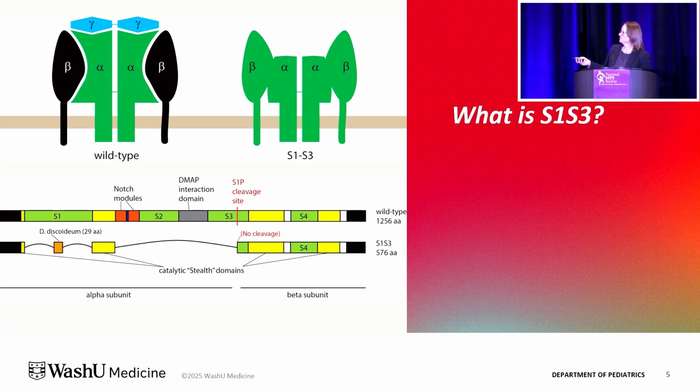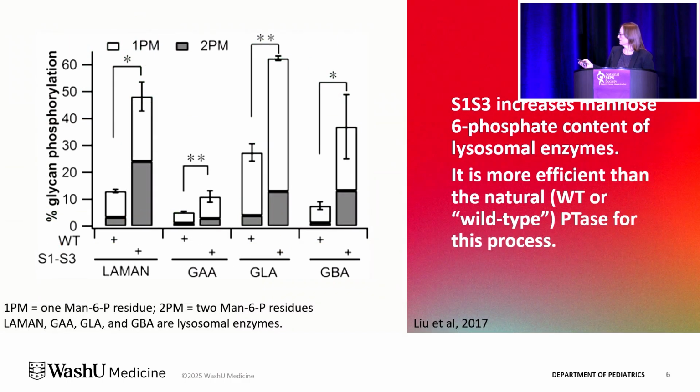With the S1S3, you have pieces of it, but not all of the pieces. It makes a smaller protein, makes a smaller gene. That smaller gene is actually easier to use in things like gene therapy because you do care about how much gene you have to put into the vector. And then that protein is made with the alpha and beta subunits fused together and doesn't bind to gamma.